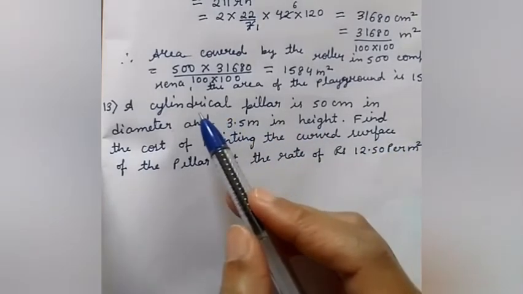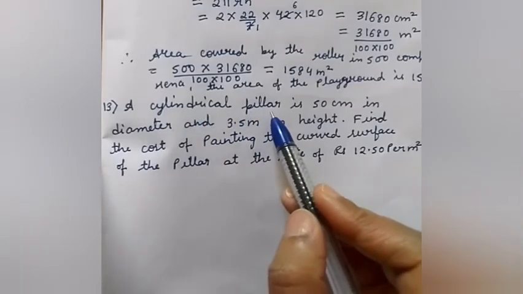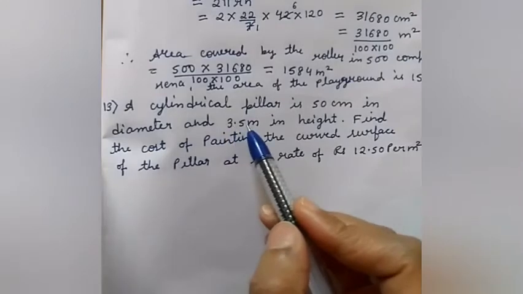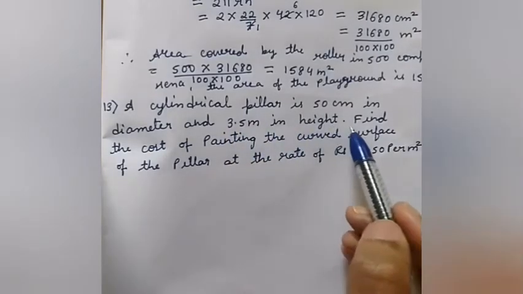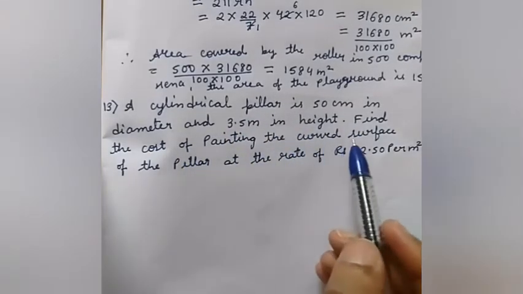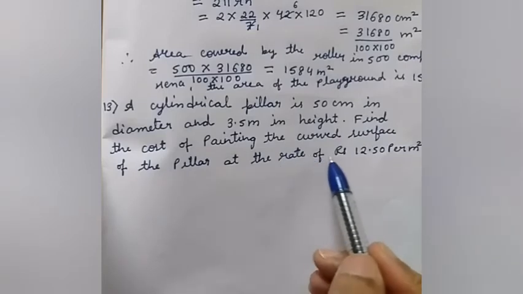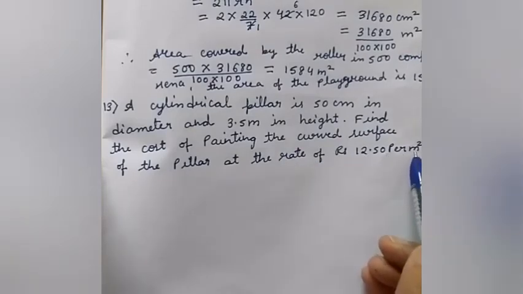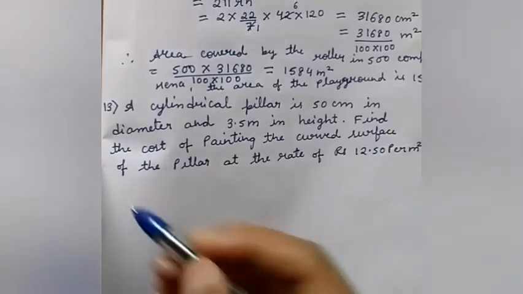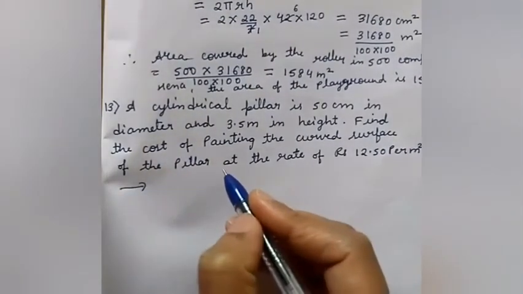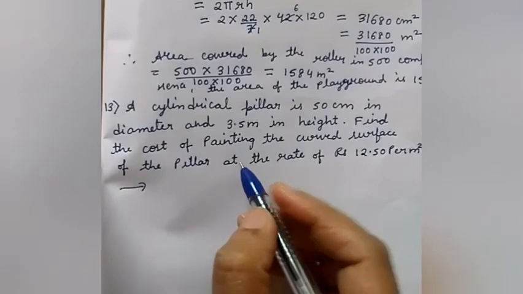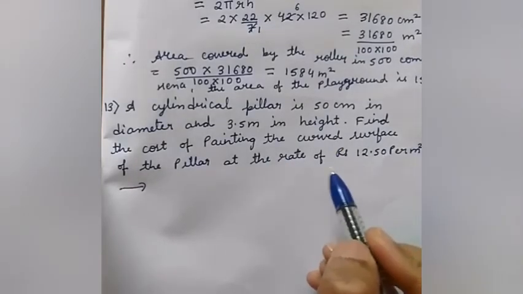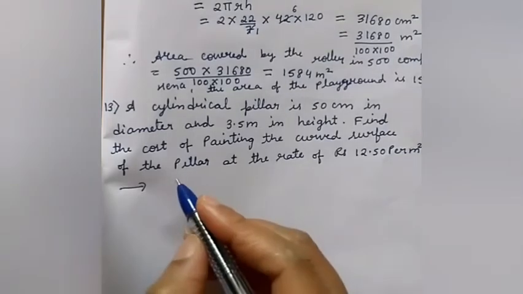For this, first we find the curved surface area of the pillar. Then we multiply the area by rupees 12.50 so that we can get the amount required.